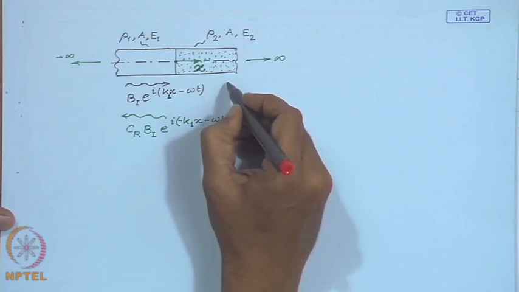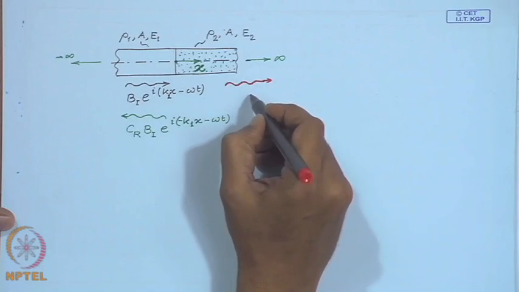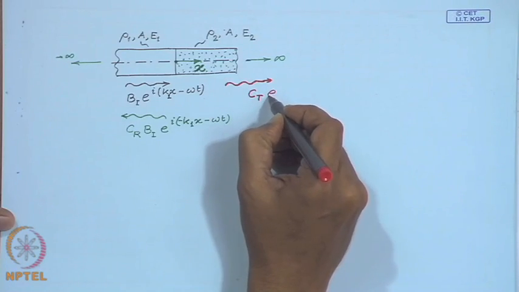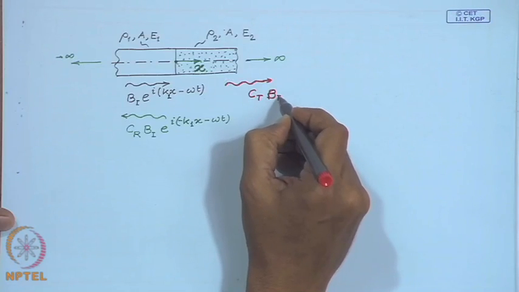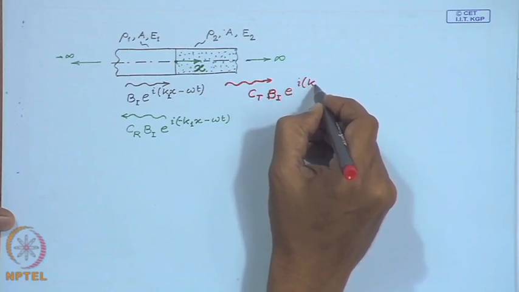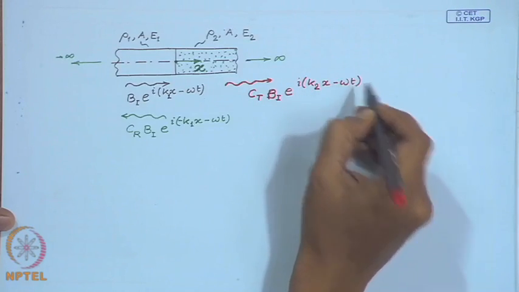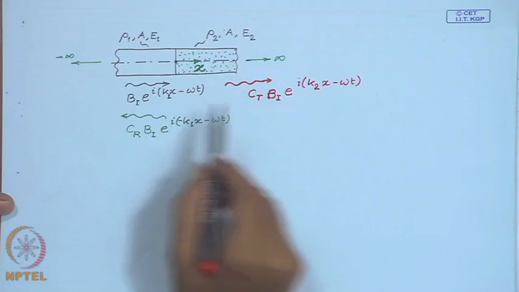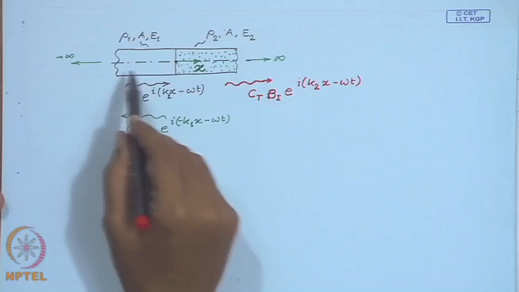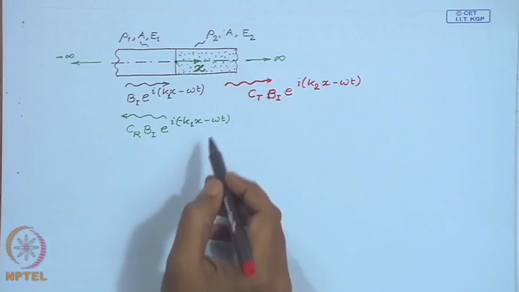and there is a transmitted wave that propagates in material 2, which we will indicate as, now this wave number is k 2, and observe that I have taken the same frequency, as the frequency has to be the same, what we observed from our previous calculations.